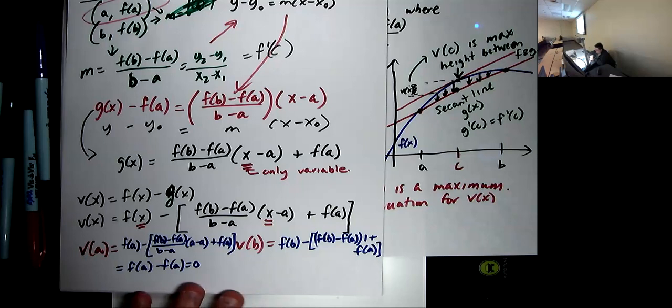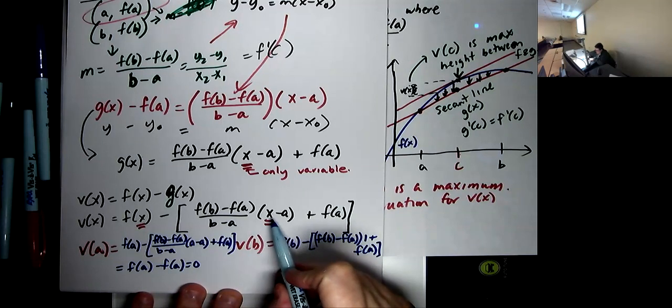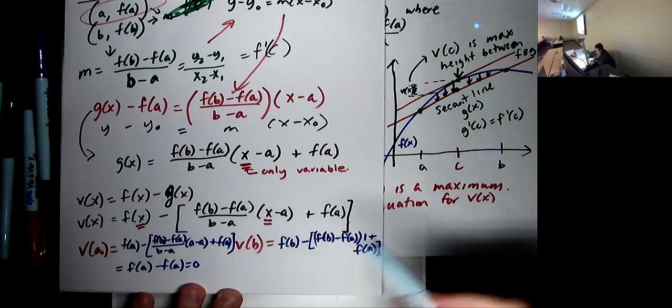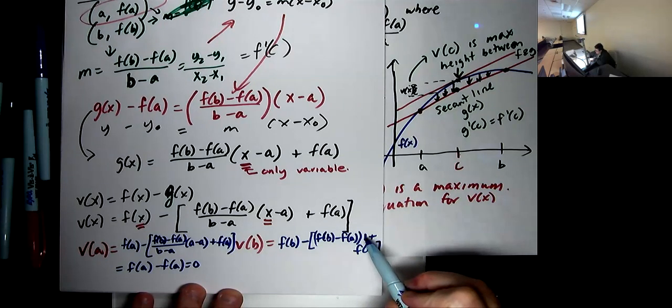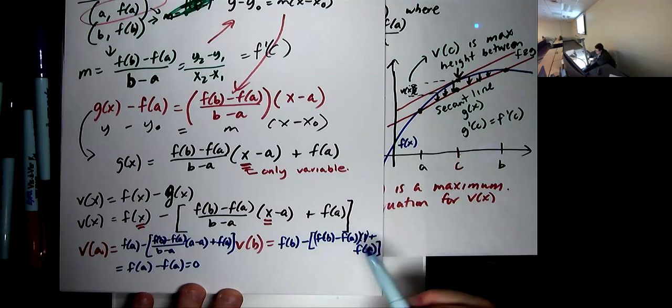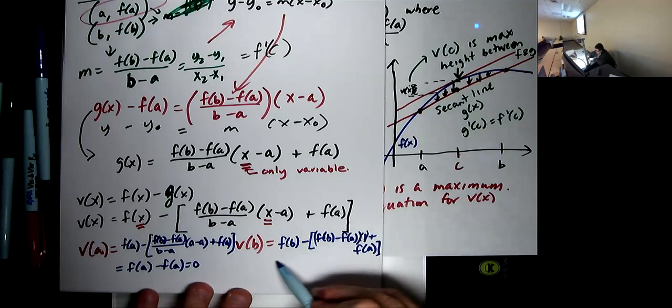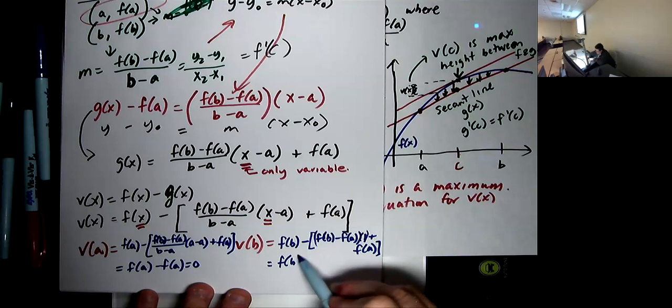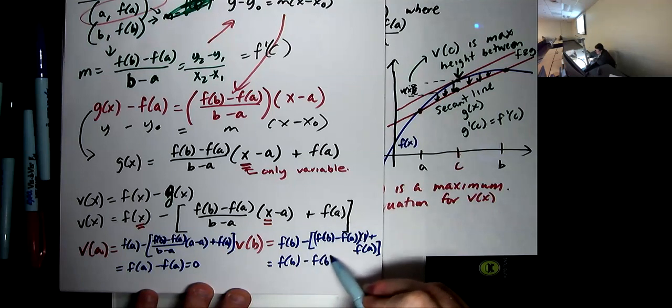Plug in b. This becomes b minus a, cancels out that bottom. And we have that. And the negative f of a and plus f of a cancel out. You've got f of b minus f of b, which is 0.